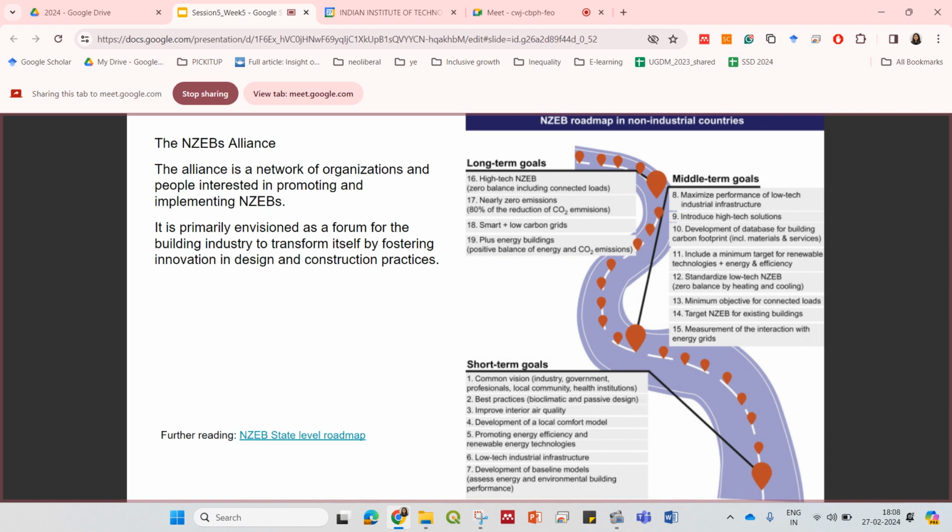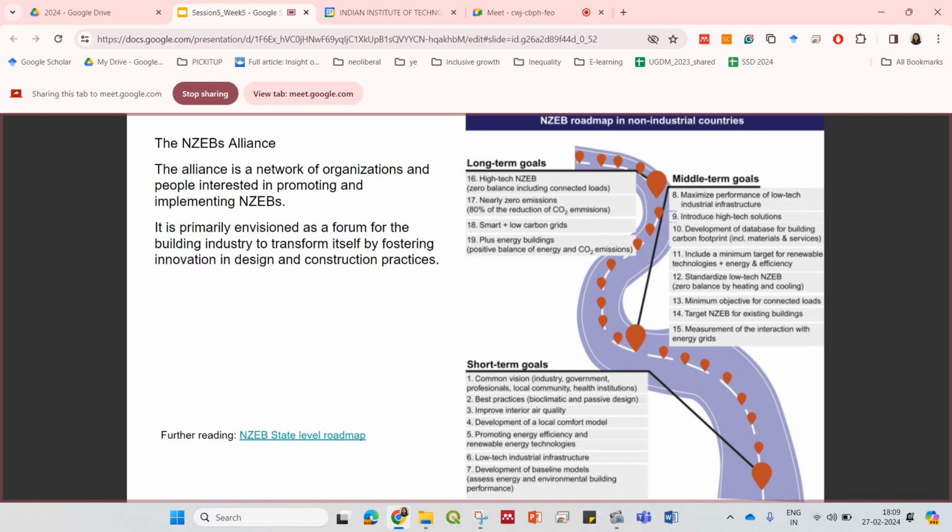So this is taken from the NZEB Alliance, which is a network of organizations and people interested in promoting NZEB and implementing the NZEB goals or objectives in their particular organization, in that particular country, or even on an individual level. It is primarily envisioned as a forum for the building industry to transform itself by fostering innovation and design in their construction practices.